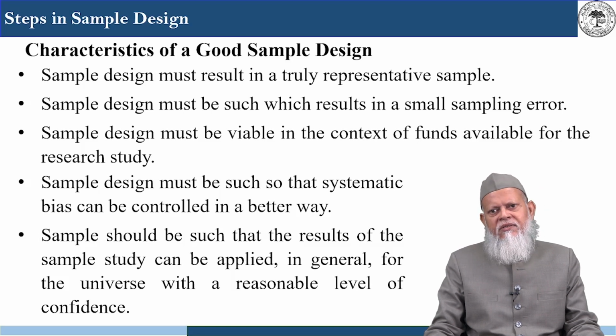So it means that we are sure that 99%, 98% or 95% of the time the results truly reflect the characteristics of the population. So we have discussed steps in sample design and the characteristics of a good sample design.